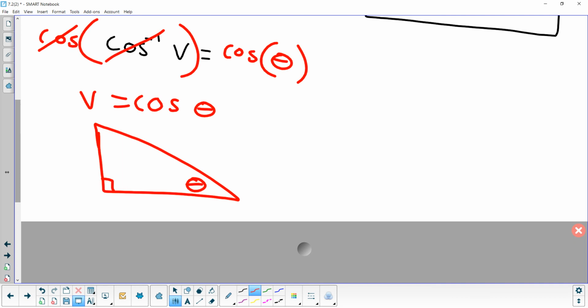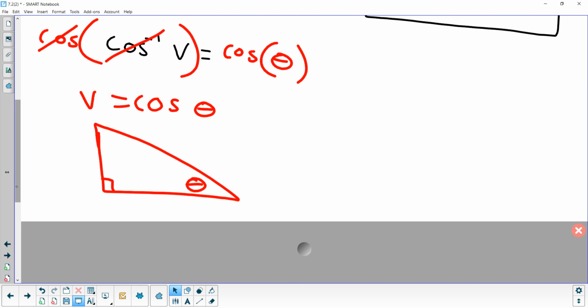Now, if you take cosine, does anybody remember what the definition of cosine is? Yep, adjacent over hypotenuse. Correct. So somehow, if you take the cosine of theta, it has to come out to v. That's what this equation says. We know the two sides that are going to be involved. Nick just said it was adjacent and hypotenuse.